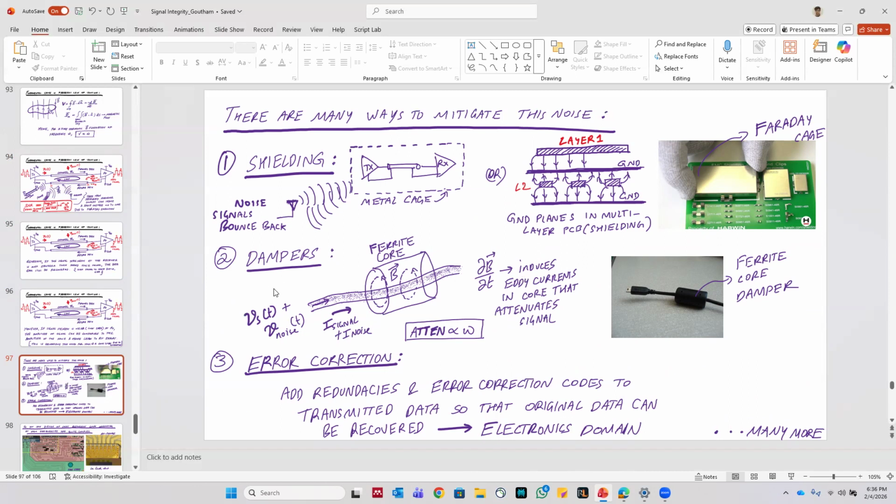So that's dampers. And then you also always have error correction. Again, this is a very complex topic, so I'm not going to really go into this. But sometimes, even doing all these things, you're still going to get bit errors. But you can do a trick. The trick is that you can add more redundant bits, and then you can do something in the software domain to correct errors.